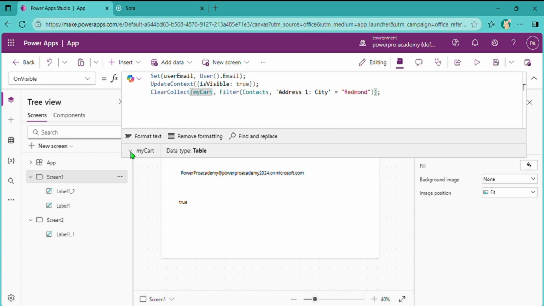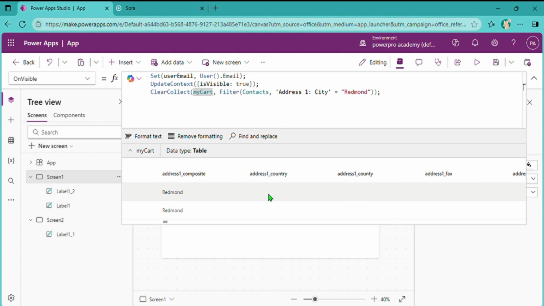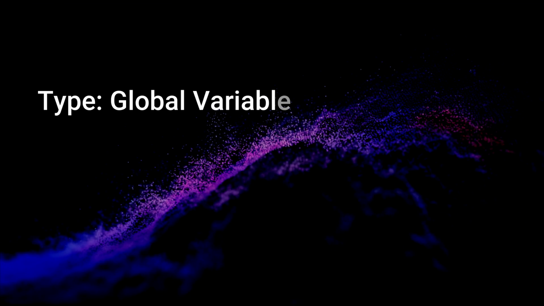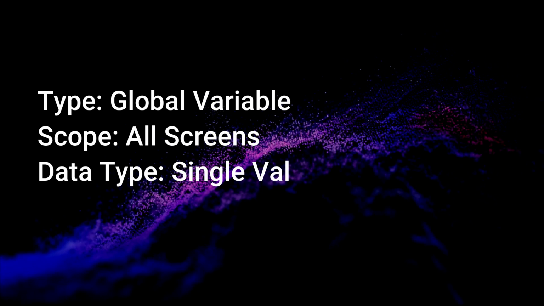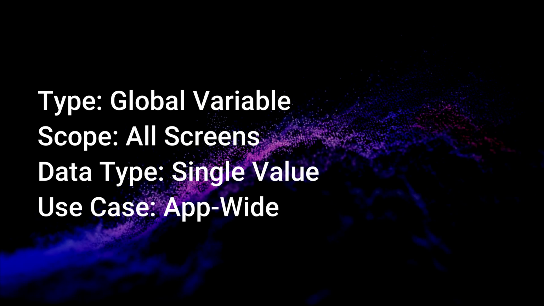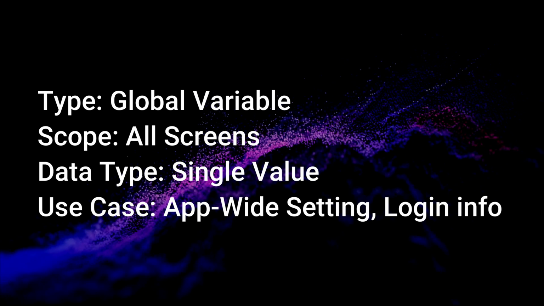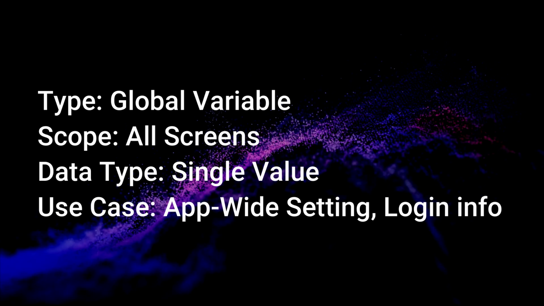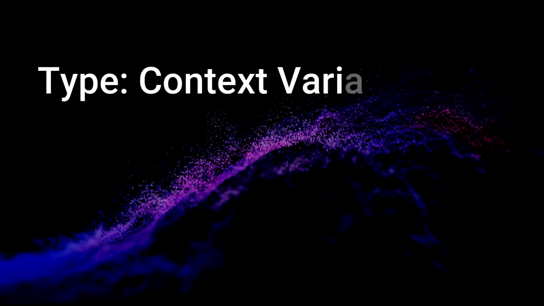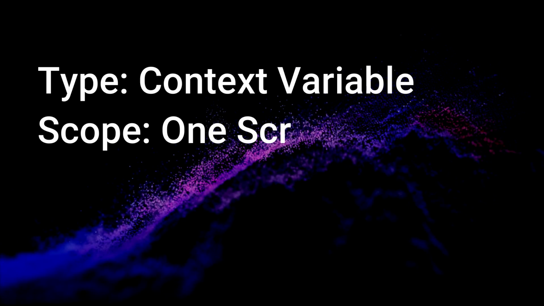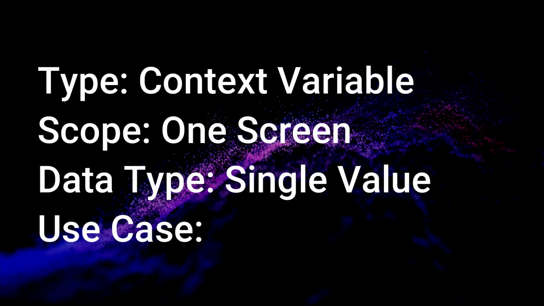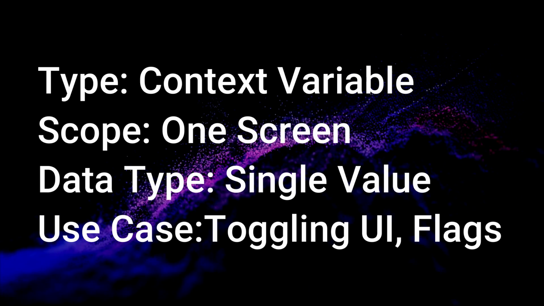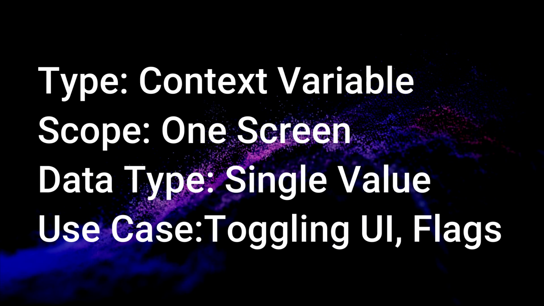Now, what is the difference between these three? If we talk about the global variable, the scope is all screens, the data type is a single value, and the use case is app-wide settings or login info. The context variable has a scope of a single screen, the data type is a single value, and the use cases are toggling UI and screen-specific flags.